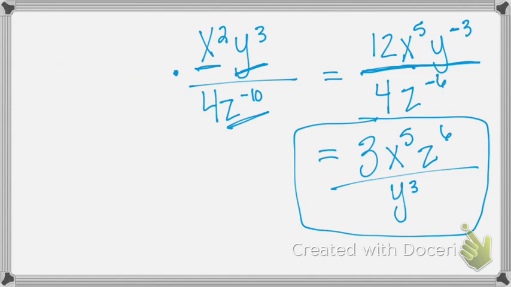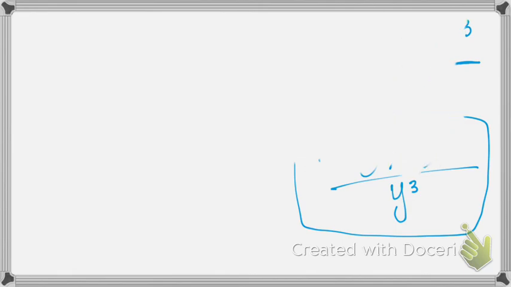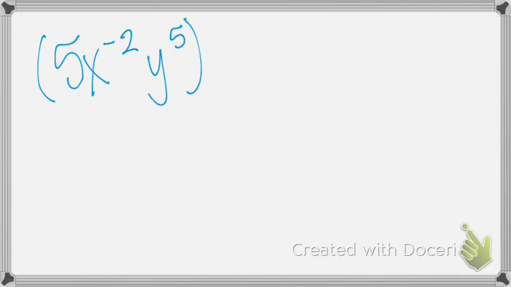Now for the last one, the power rule, super duper easy. So we have a 5x negative 2 and a y to the 5th, all to the 3rd power. So I'm literally multiplying everything to the 3rd power.